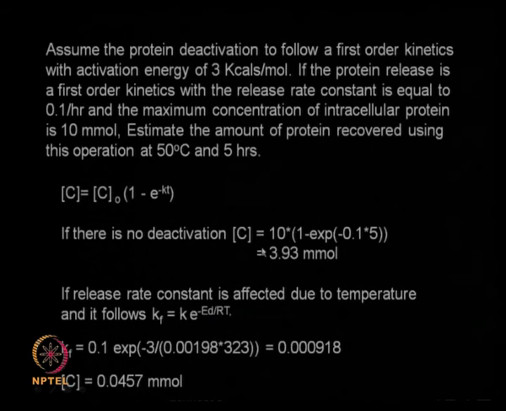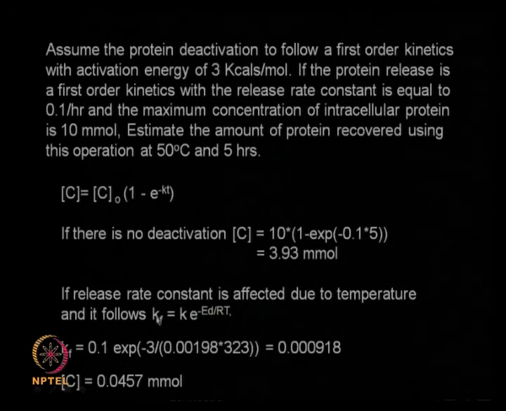So if there is no deactivation, at the end of 5 hours I will be collecting 3.93 millimole of the protein, and if I assume a constant rate of deactivation that behaves in this fashion, that means an Arrhenius type of behavior, then the amount of protein I will be collecting at the end of the 5 hours will be very small. You can see the difference because of the deactivation of the protein because of the temperature here.